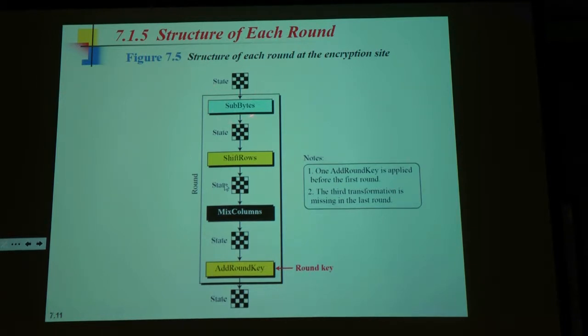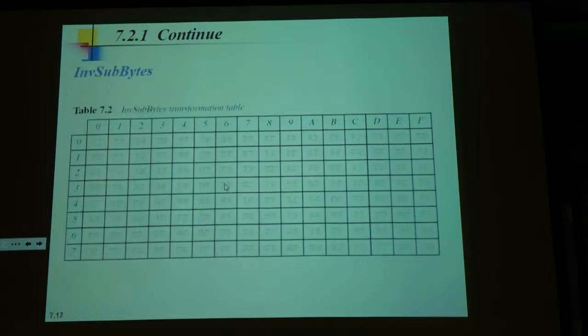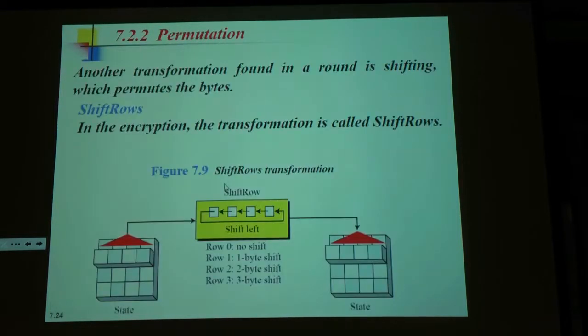So we finish substituting from the table, then shift rows, then we mix the columns. Now we are adding the round key, the last stage.